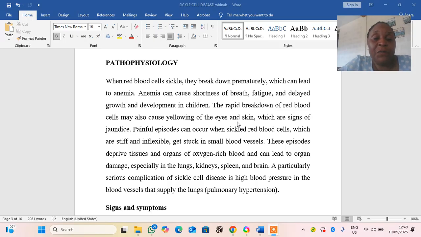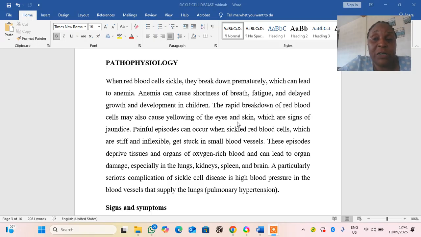And then we have painful episodes which can occur when sickled red blood cells, which are stiff and inflexible, get stuck in the small blood vessels. Like I said, they block the entry of the small blood vessels. So where they occlude, the person will always complain of pain.